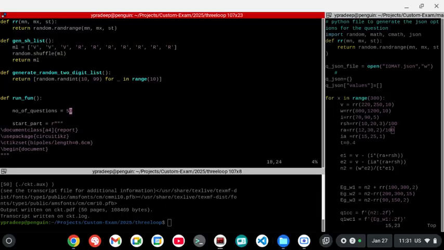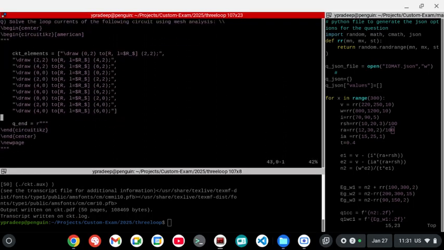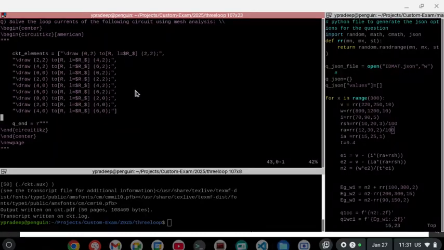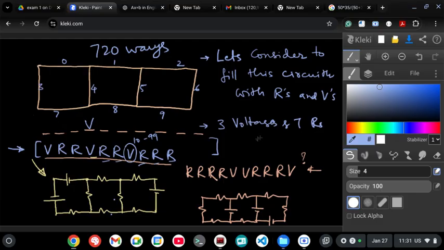And here I can give the number of questions, how many I want, and then this is the place where I am drawing the circuit. So for example, if you see coordinates, I'll quickly show the coordinates also. So obviously this is 0 comma 0, and this is 0 comma 2. So this is 2 comma 0, 4 comma 0.